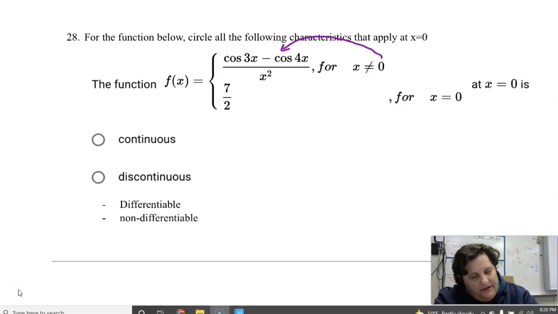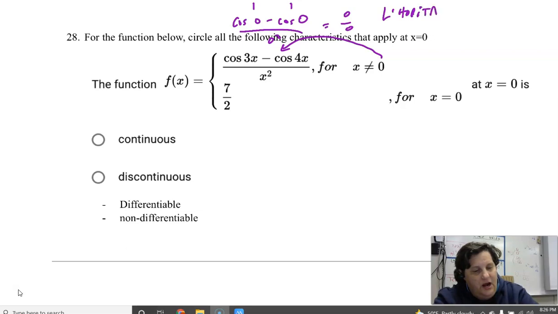And when I plug in 0, I get cosine of 0 minus cosine of 0 over 0 squared. Well, that's 1 minus 1, which is 0 over 0, which means I can use L'Hopital. Because basically, I'm trying to find the limit as x gets really close to 0. So I'm going to do L'Hopital.